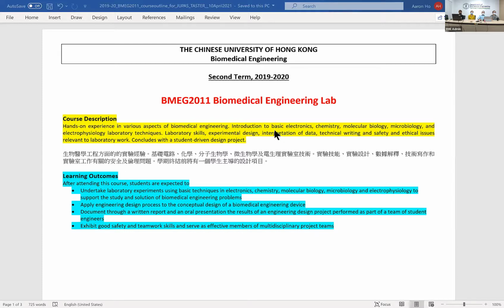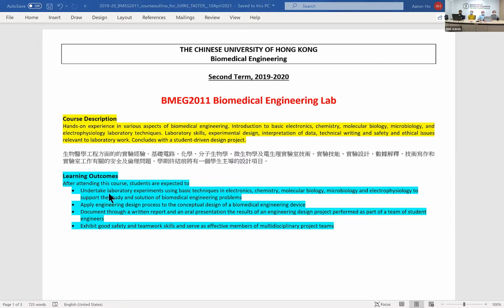And then the interpretation of data, technical writing, i.e. report writing as well. The second part is on building hardware, particularly electronics, and how the electronics can be used to solve biomedical engineering problems, okay?